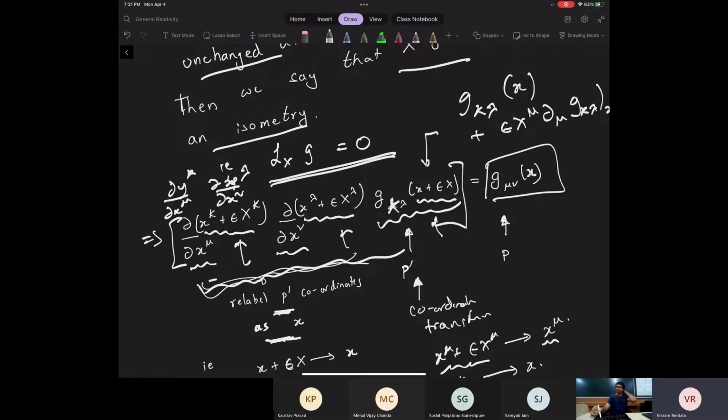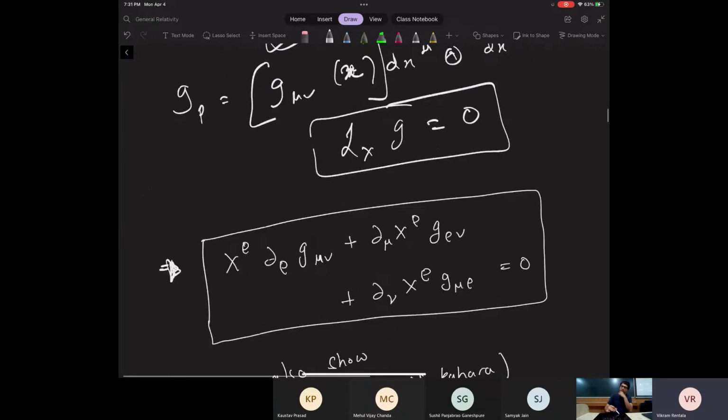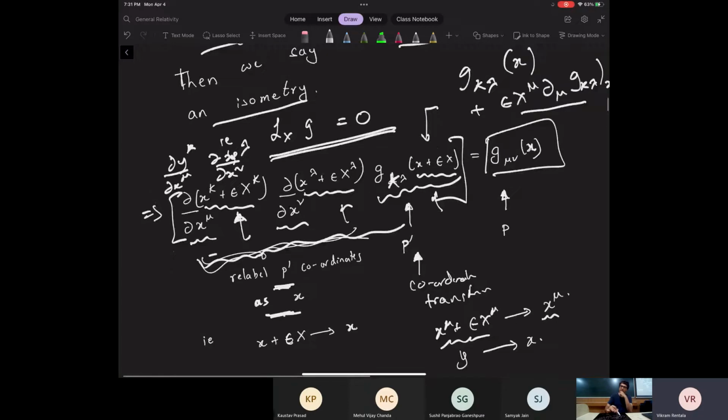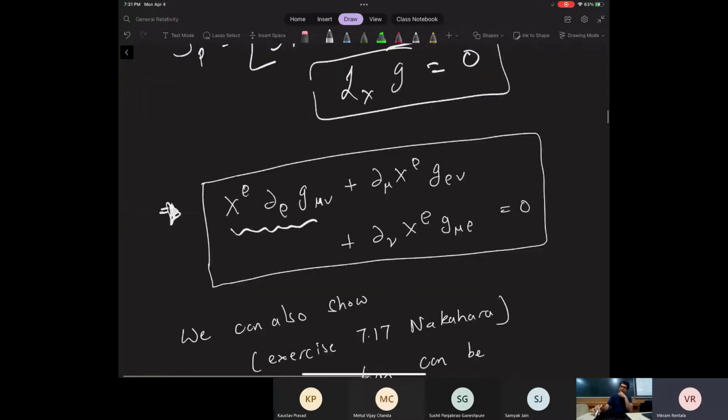So I will have terms like X mu partial mu g kappa lambda. Then from expanding out these derivatives to first order in epsilon, I'll have other terms which involve derivatives of capital X, where remember capital X is the components of the vector field that you use to generate your diffeomorphisms. That can vary from place to place, because the vector field X changes from one place to another. So this is the equation that capital X satisfies.